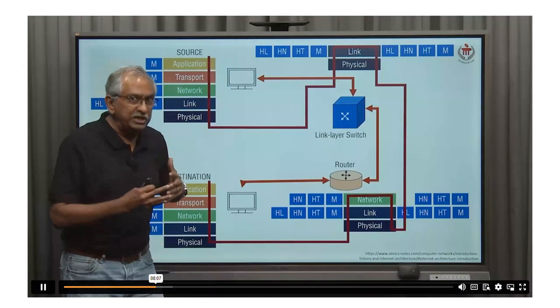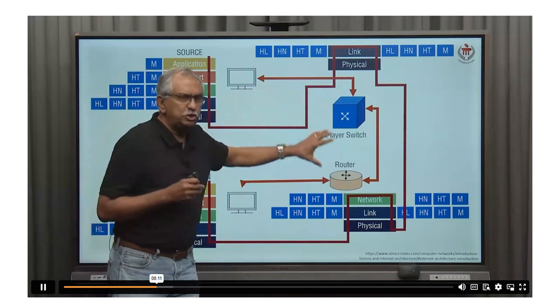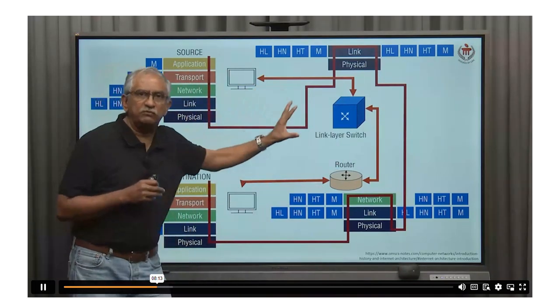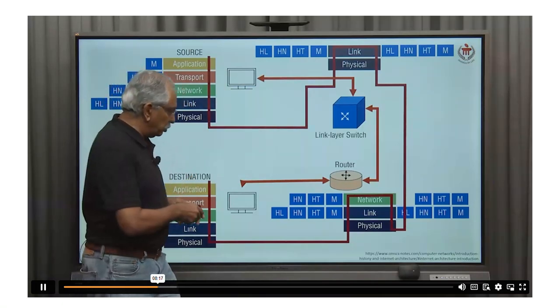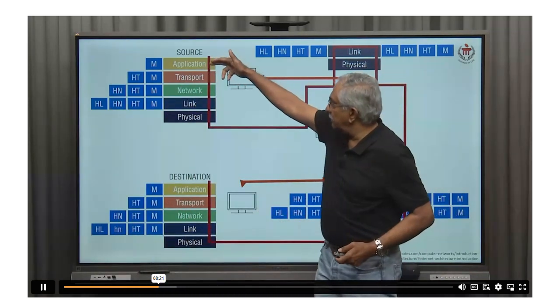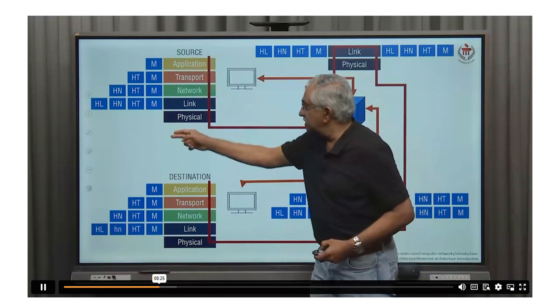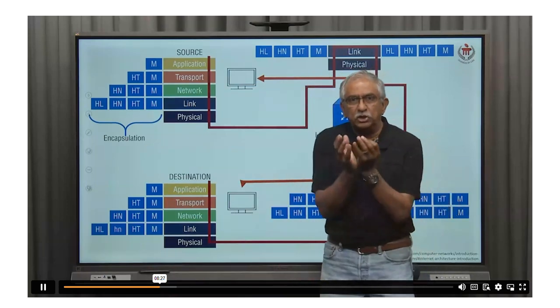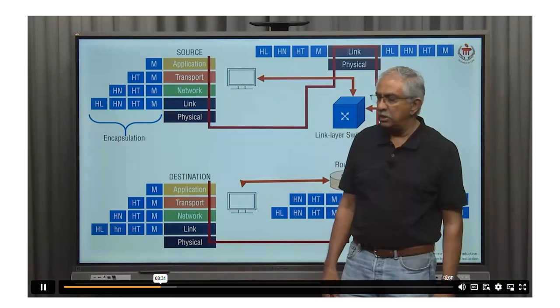Now, I'm not going into too many details here, but suffice it to understand that each of the participants of this journey has a role to play. Whether you're talking about the transfer of application to transport to network to link, this process is called encapsulation. You are encapsulating the message with a series of headers.